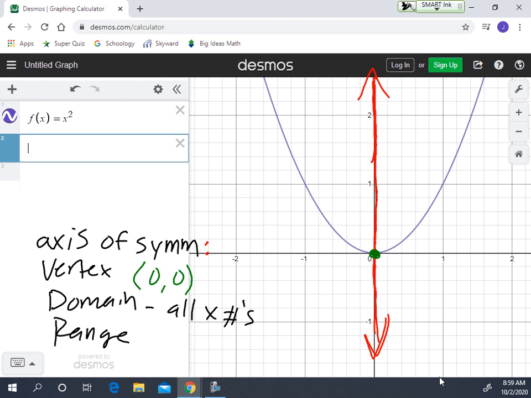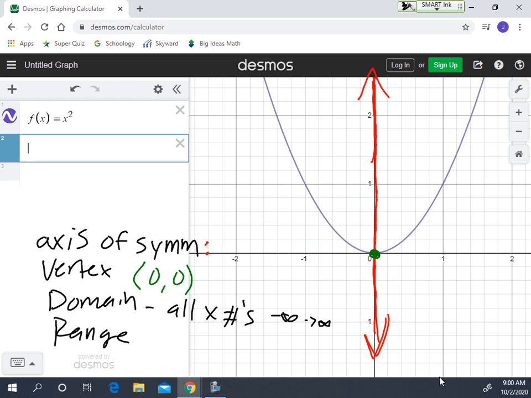Which x numbers are not covered? It goes left and right in both directions, so it covers all x numbers. It's negative infinity to positive infinity.